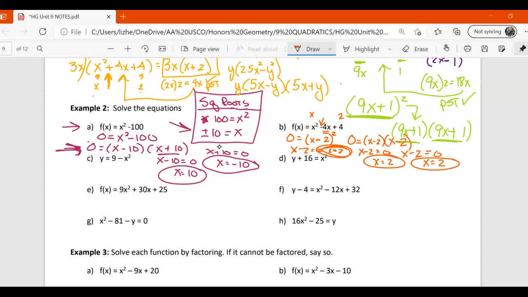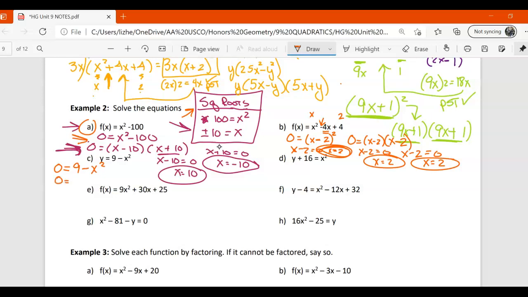So, okay, over here at C, this problem is just like A above it, which means you can either factor it or you can use square roots. Since we're practicing with factoring, let's do it that way. So I put a 0 in for y, and I have 9 minus x squared. And this is the difference of squares because it's a perfect square minus a perfect square.